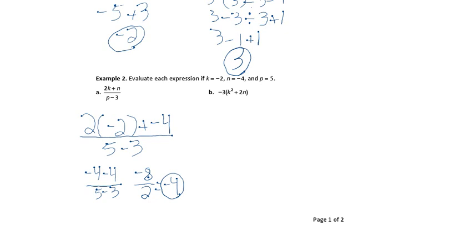So for the next example, we have -3. Our k is -2, but this is squared, plus our 2 times n, which is -4.